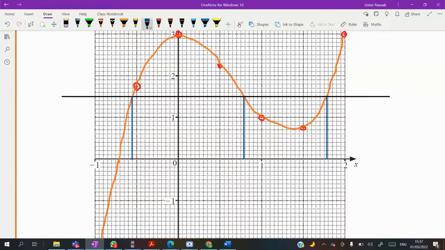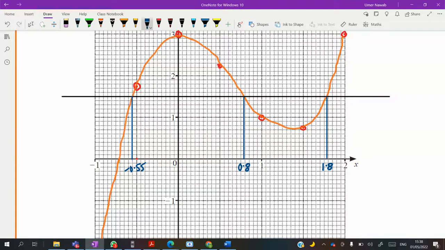Let me write the coordinates. This is minus 0.55. This looks to me like 0.8 approximately. And this is 1.8 approximately.